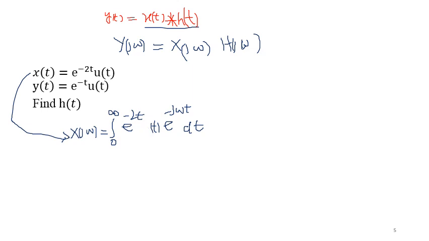The two terms are multiplied and the bases are the same, so the powers are added. So I can write minus j omega t here.